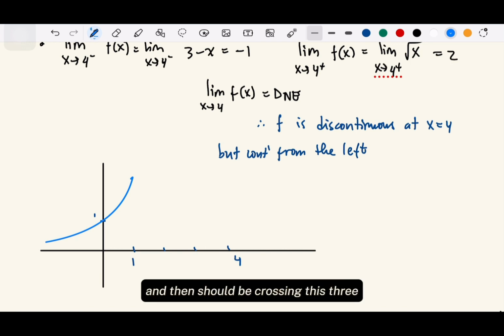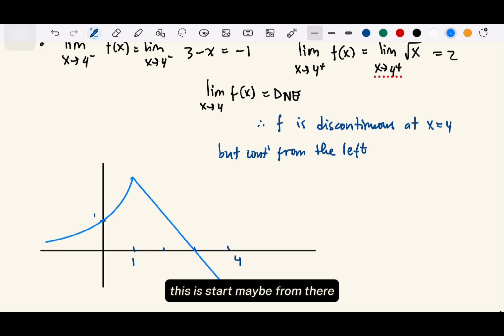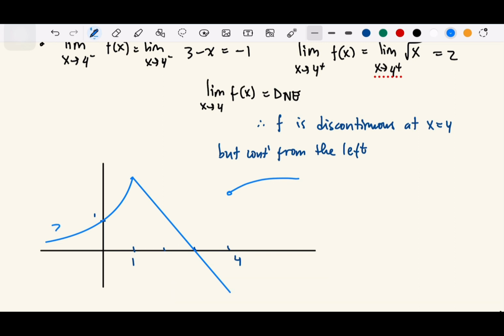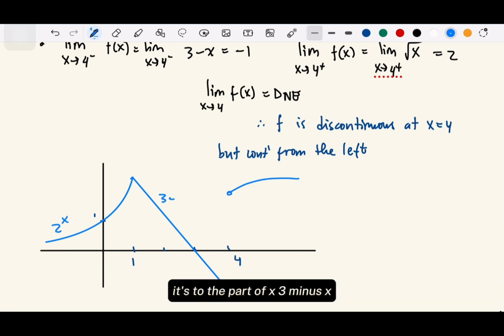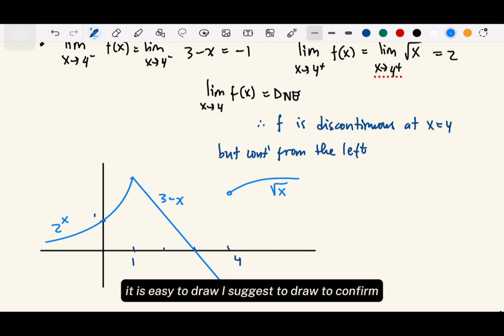And then it should be crossing this 3, up until x equal 4, and then after 4, this starts maybe from there, and that's the square root of x. Maybe not really proportional, but I think it looks like that. It's 2 to the power of x, 3 minus x, and this is square root of x. And you will see that we have a jump discontinuity here. So if it is easy to draw, I suggest drawing it to confirm the answer.